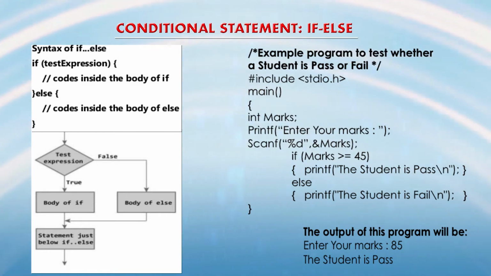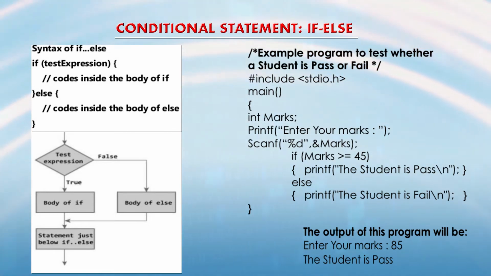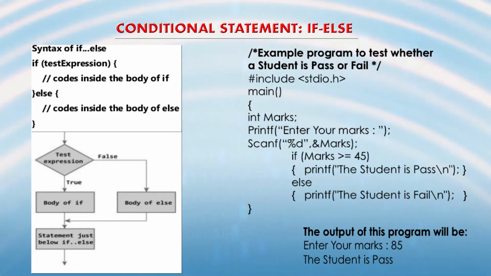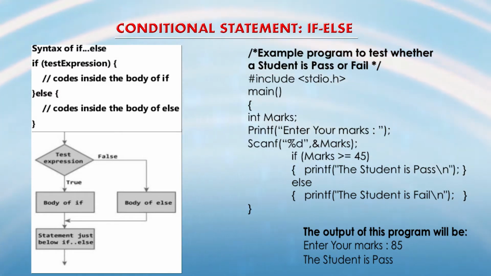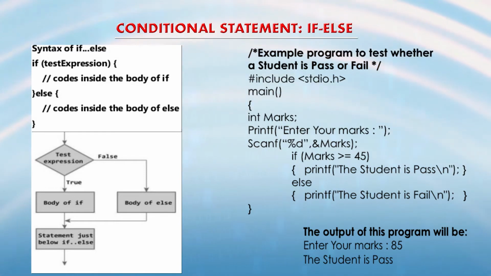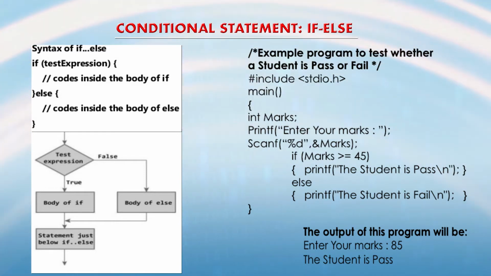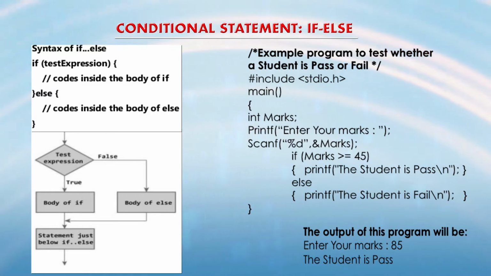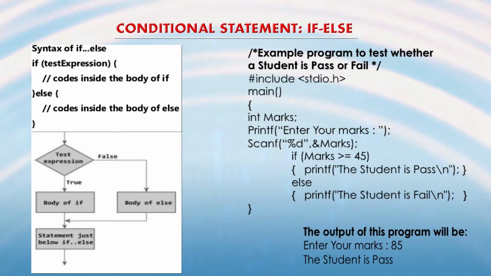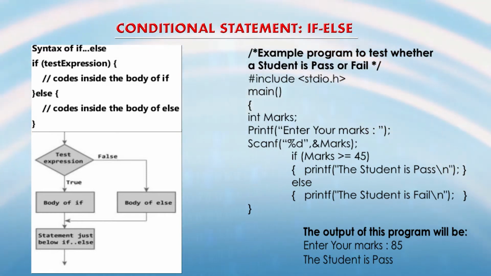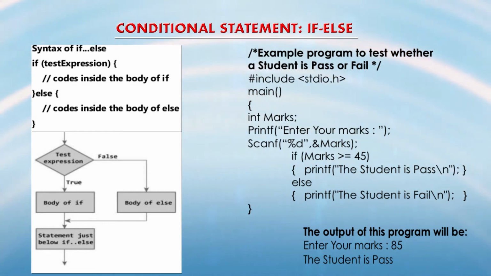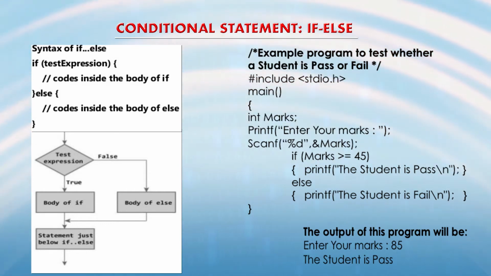Now here also you can simplify the program. This was actually to let you understand how if else works in a simple manner, but even if you remove the else construct over here and just write print the student is fail, it will be fine. When you write the program printf enter your marks, scanf %d comma marks, if marks greater than or equal to 45, print the student is pass, braces closed, and after that you write printf the student is fail.